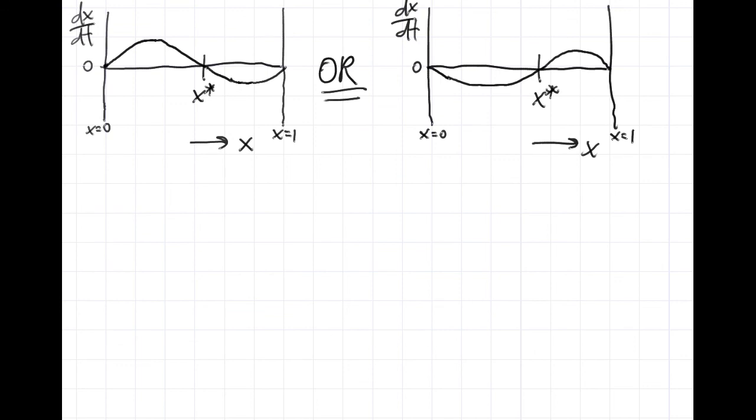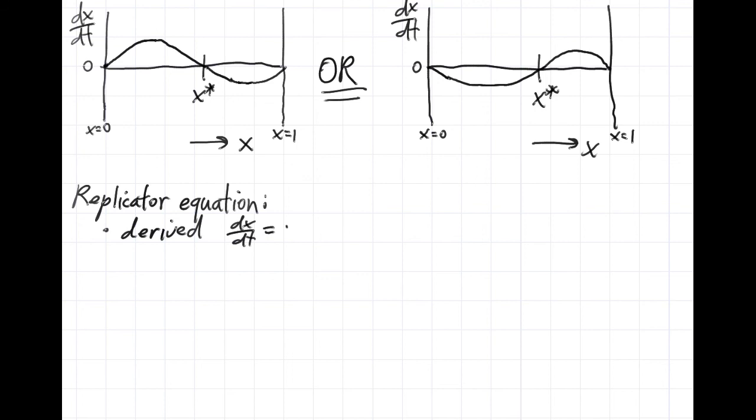There's just a couple last things I want to bring up. One of them is the replicator equation. So what we did is we derived the equation that says the rate of change of the frequency, x, is equal to x times 1 minus x times fA minus fB, where these fA and fB depend on the structure of the population, how many A's there are and how many B's.